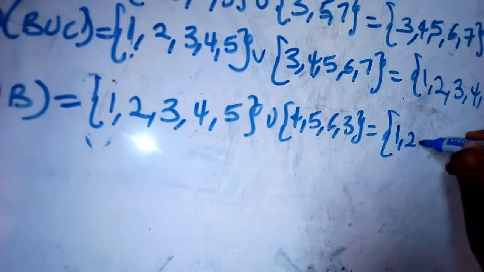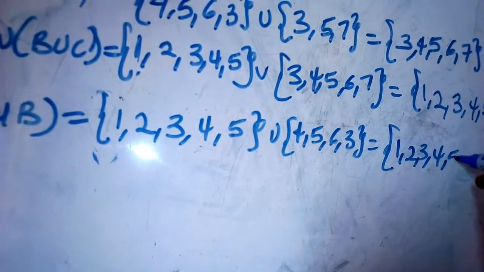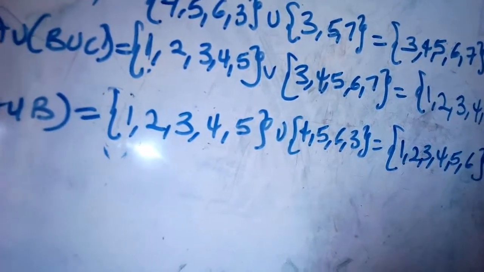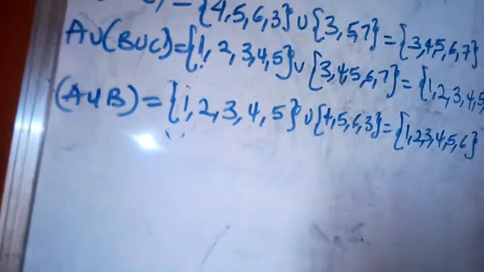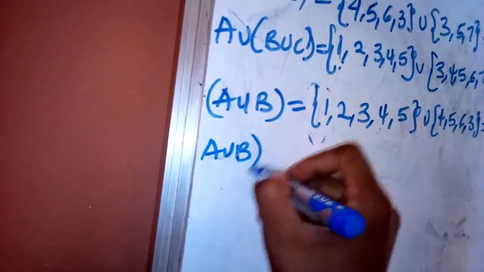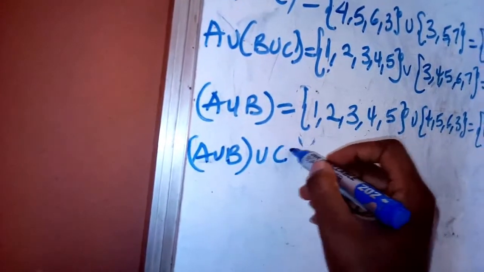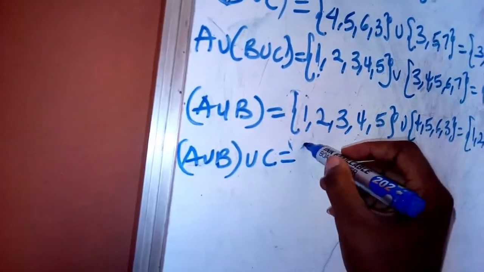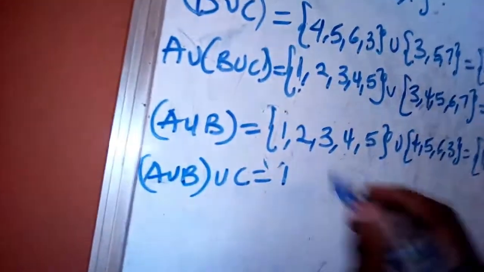So the union of both is the addition of all the elements, 4, 5, and 6. So that's that.